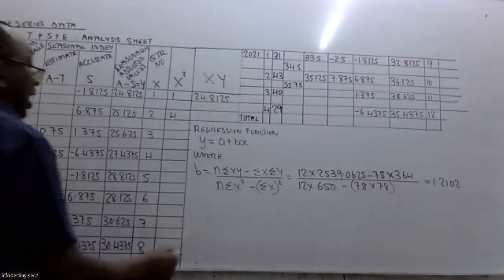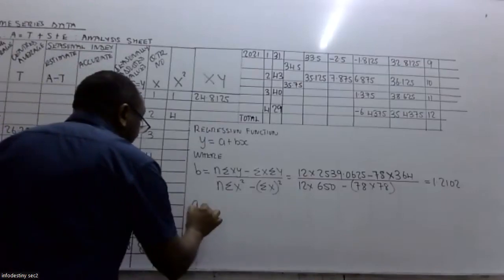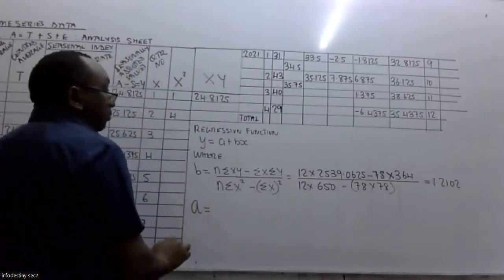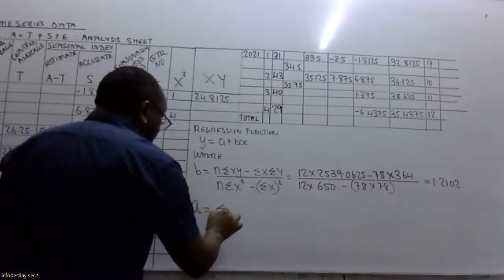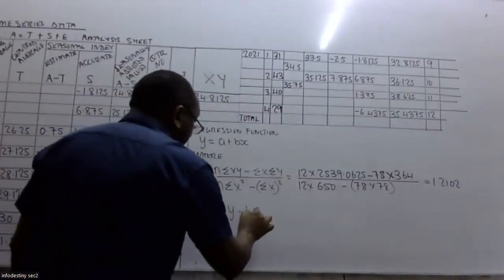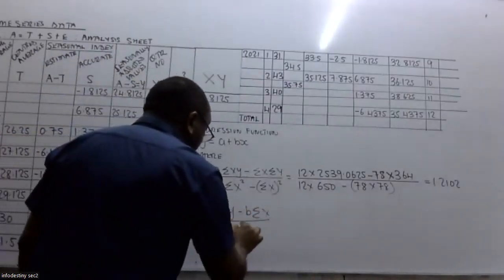Let's now compute A. A will be sum of y minus b sum of x, you divide by n.